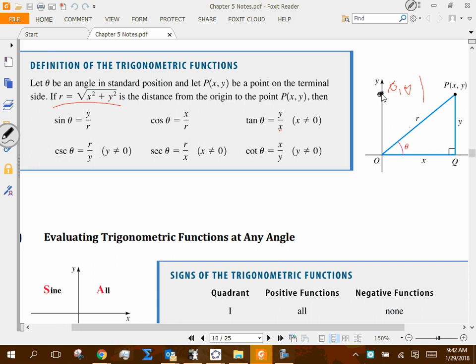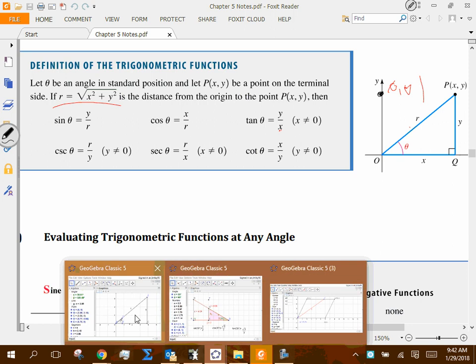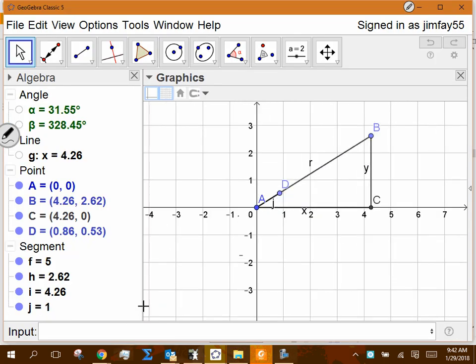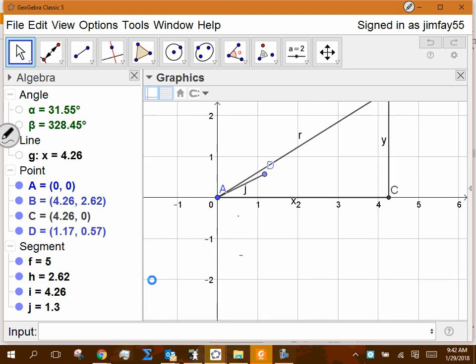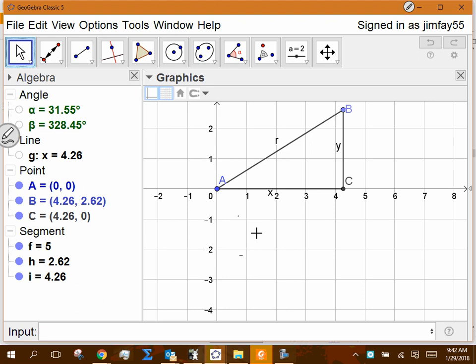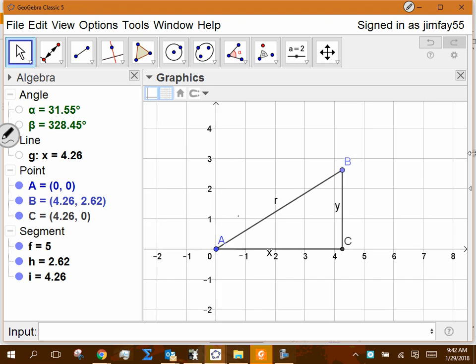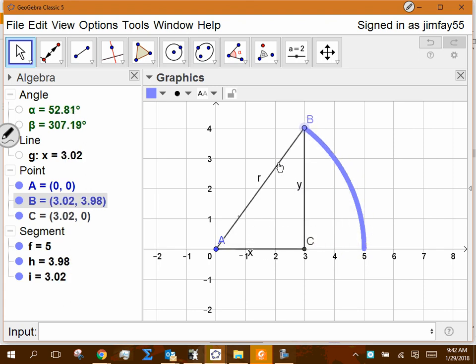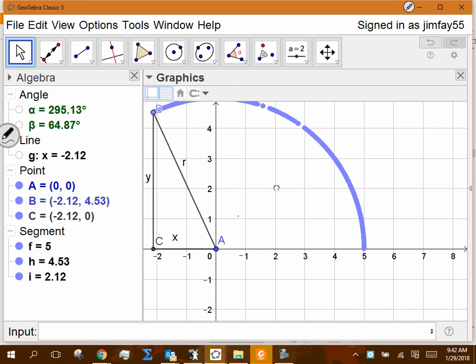Okay. Now we can deal with our angle. The angle theta that we're always interested in is the angle that starts with a ray, the initial ray in standard position, and then we trace out and go to some terminal ray.